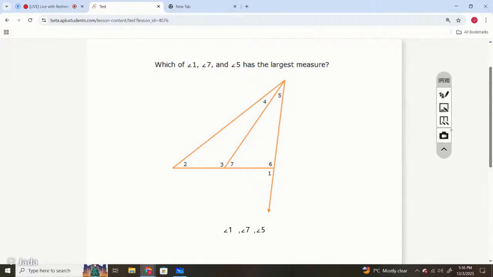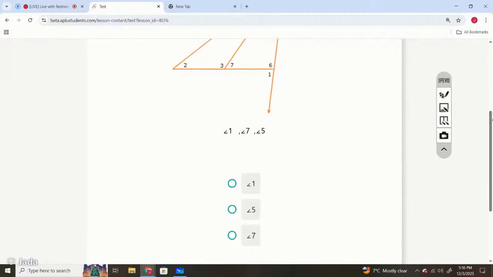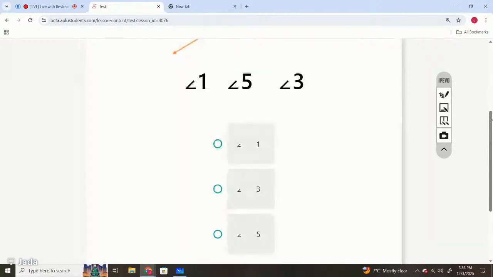The largest measure is angle 1, right? Because angle 1 is the exterior angle and the exterior angle is the sum of the other two angles.